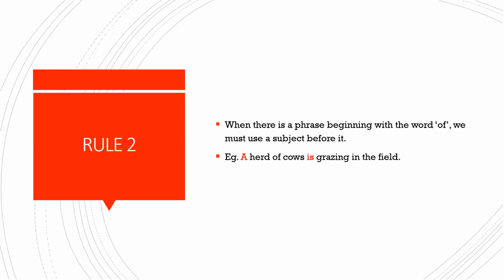A means one. So if you see a written in a sentence, it automatically means one. It refers to one thing. Hence, a herd of cows means one herd of cows. Yes, there are many cows, but we are talking about one group of them, only one group. And hence, the verb should be is, not are. I hope that was clear.